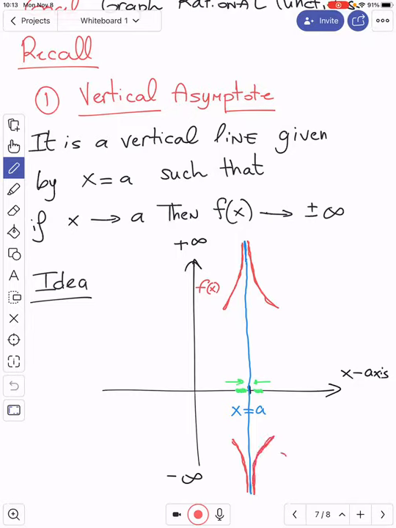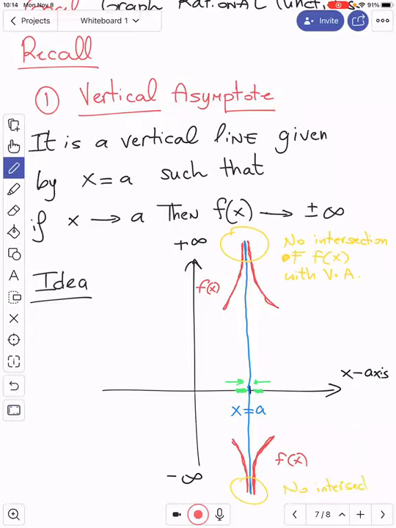This is, let's say, f of x. And as I said, there will be no intersection of the graph of f of x with the vertical asymptote. Here's the same thing, there's no intersection.